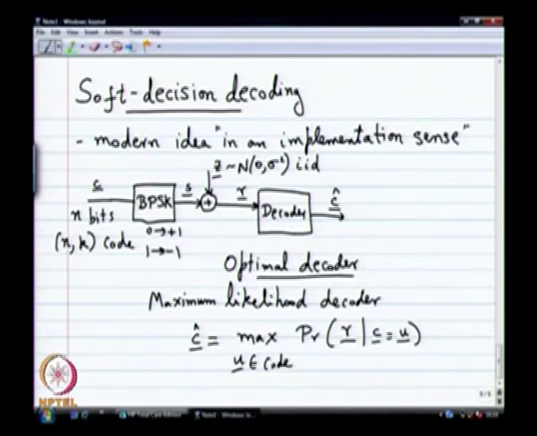I am writing probability, but clearly R is a continuous distribution, so obviously it will be some PDF. I am simply writing probabilities just to avoid clumsy notations. Whenever you have a continuous distribution, interpret P of R as a PDF.